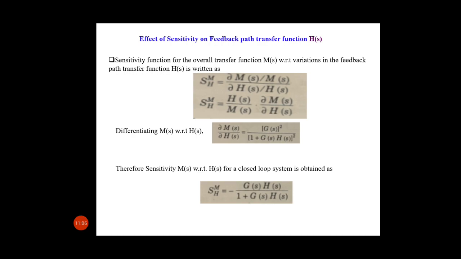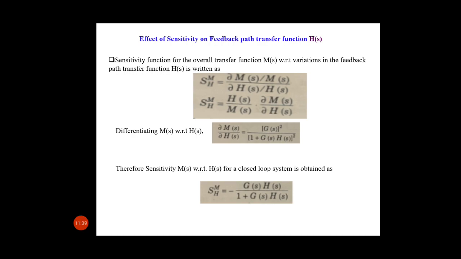Now we differentiate M(s) with respect to H(s), and we get minus G(s) squared divided by (1 plus G(s)H(s)) whole squared.